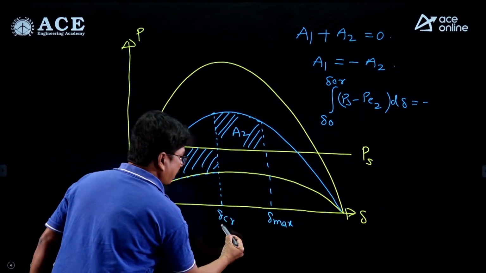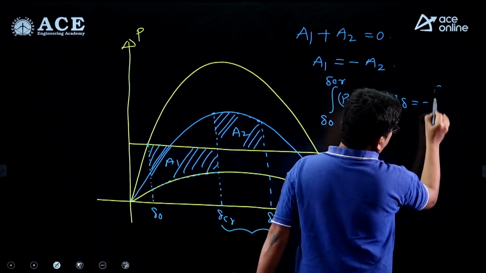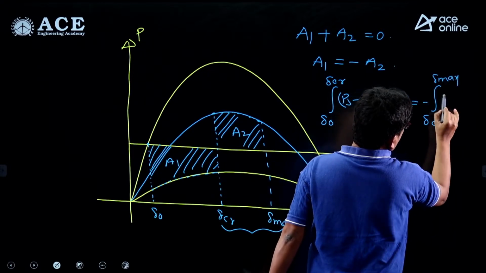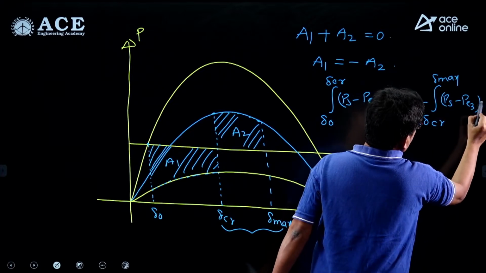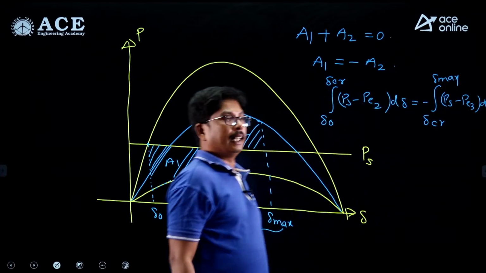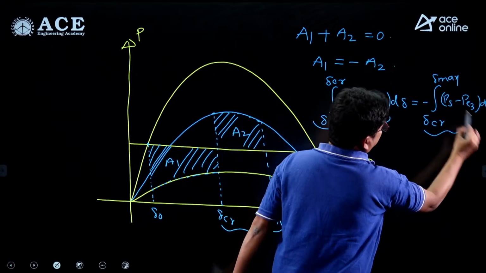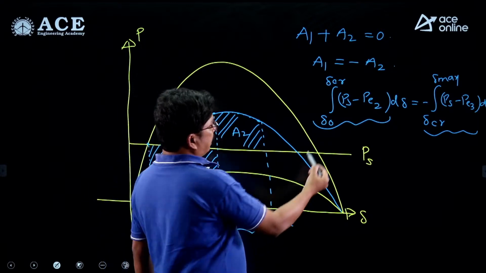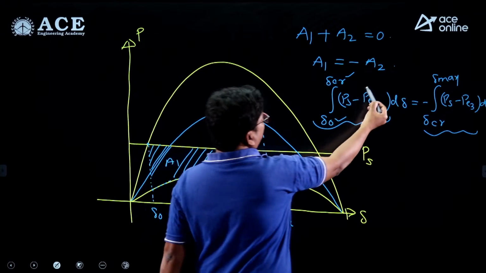Area A2 is calculated from delta CR to delta max: minus the integral from delta CR to delta max of Ps minus Pe3 d delta. They are asking for the accelerating area, or the decelerating area, and you can calculate any one. So what are the available quantities? Delta naught is available, delta CR is also available, but Pe2 is not available.